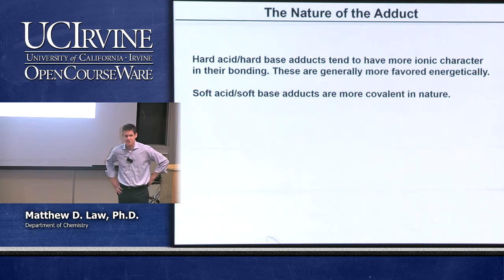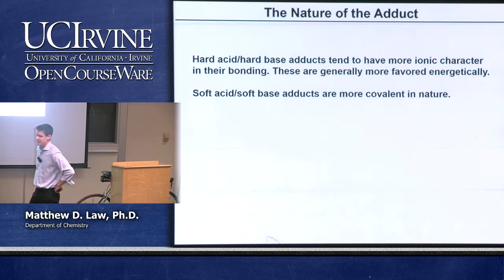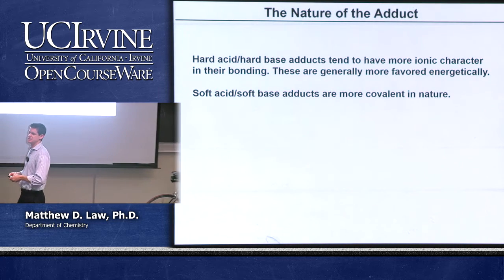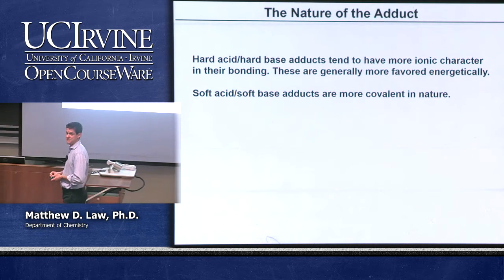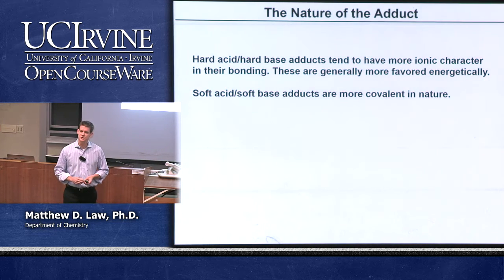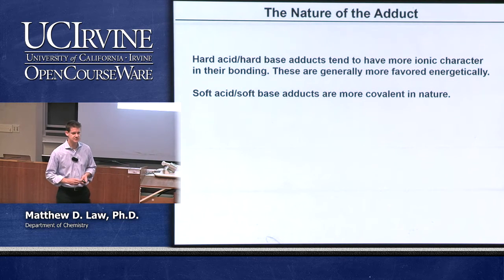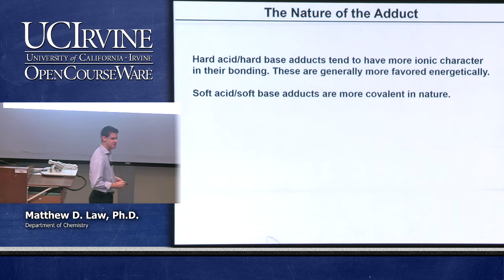Okay. So we are in the middle of Chapter 6 right now, looking at acid-base concepts. And we ended last time discussing hard-soft acid-base, the Pearson acid-base approach. This is a semi-quantitative model to understand trends in acidity and basicity, and hopefully things like equilibrium constants for these sorts of reactions.